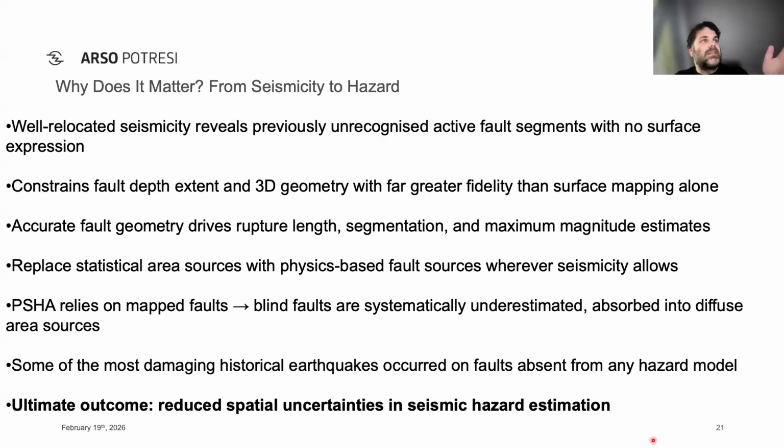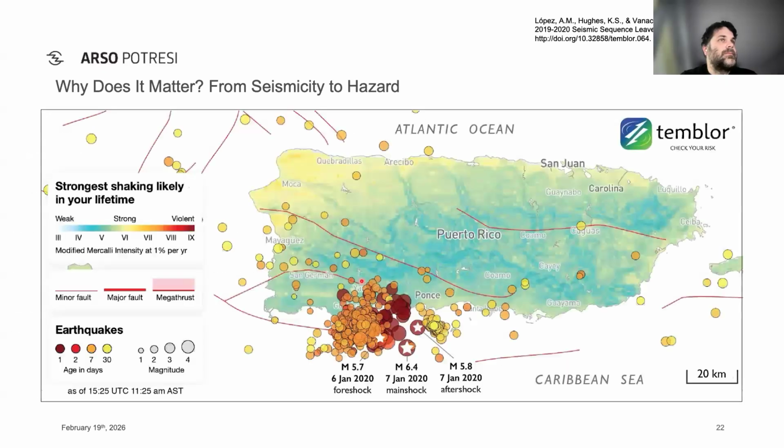We can see how the faults are segmented, and we can also estimate the maximum magnitude that is possible on such a fault that was previously unrecognized. So all these things can reduce spatial uncertainties and can be inputted into our seismic hazard estimation, which is something that we want to do.